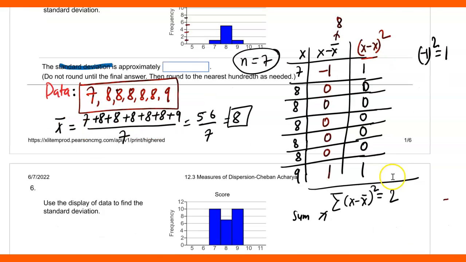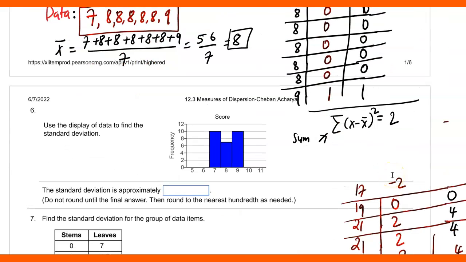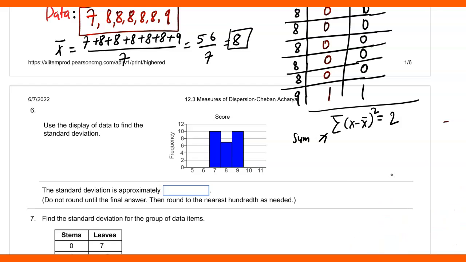Okay. What's the formula for standard deviation then? As I told you before, the standard deviation formula is, I put SD for standard deviation. Okay, S for standard, D for deviation. What's the formula? Square root of the sum of X minus X bar squared, over n minus 1.